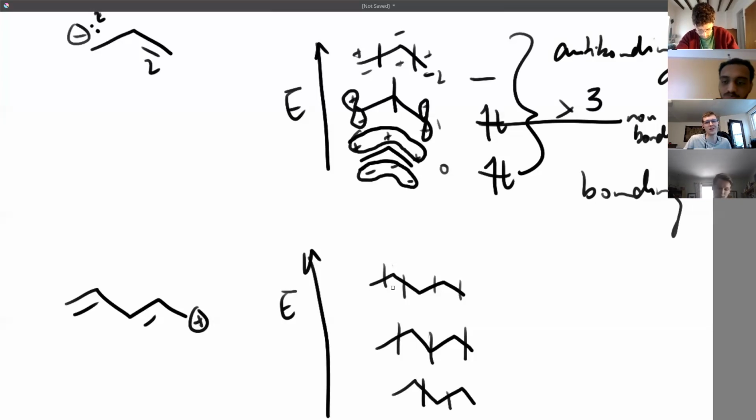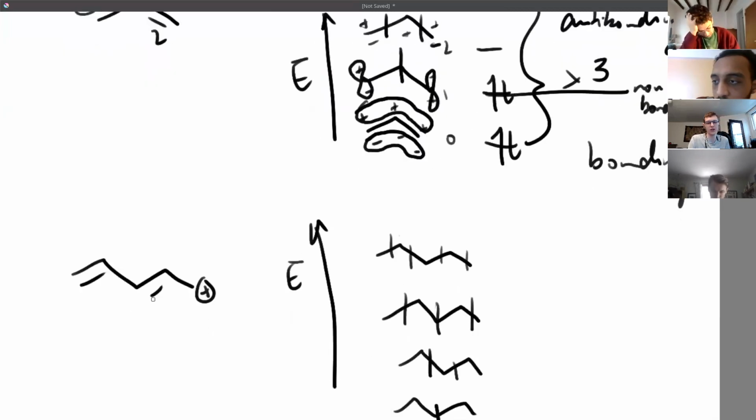You're going to learn that in like 2 days. So be careful about how you use that. But when it comes to linear systems like this, then you only get non-bonding orbitals once there is an odd number of carbons.